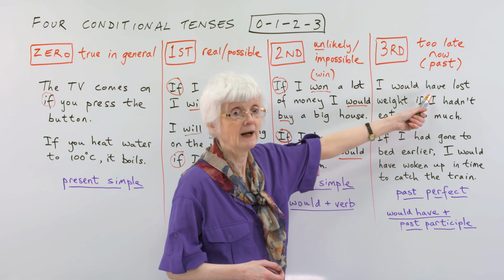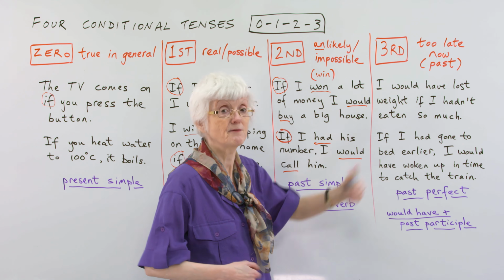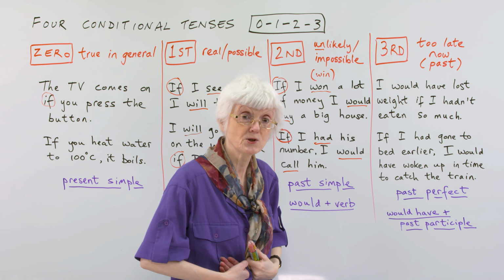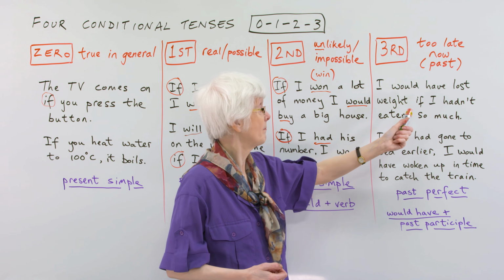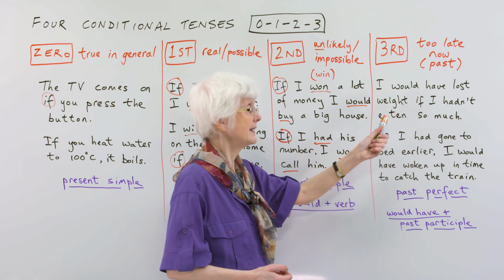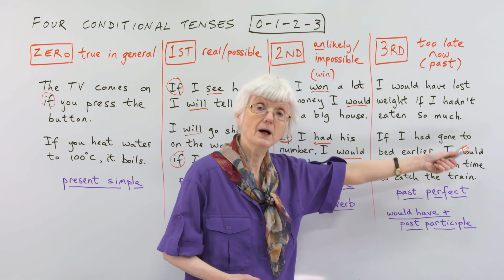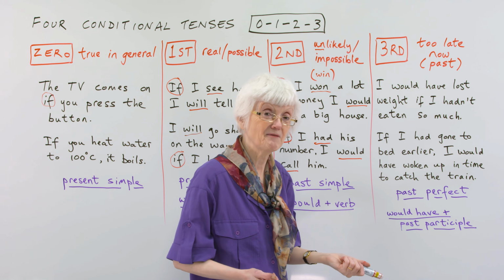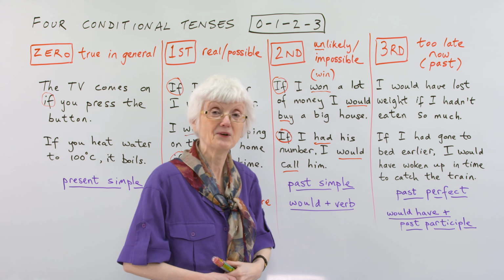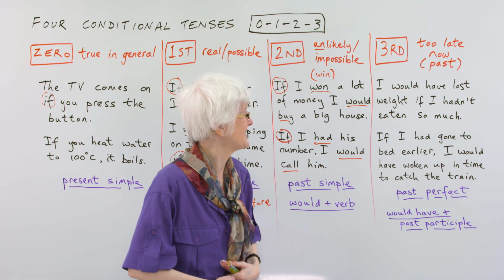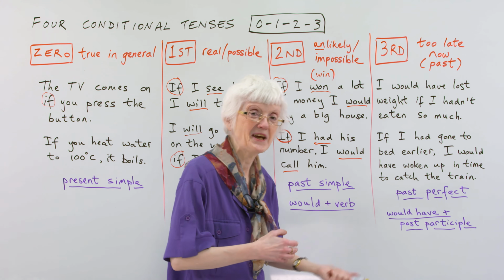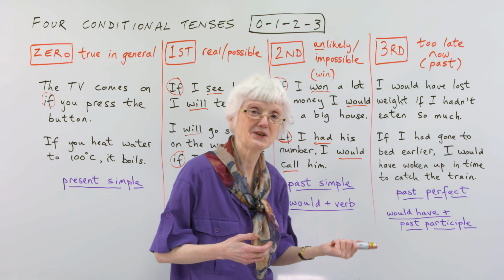I would have lost weight. If you're on a diet, you're trying to lose some weight. I would have lost weight if I hadn't eaten so much. It's fairly obvious. If you keep eating and you're on a diet, you're never going to lose any weight. So it's an obvious statement but it's the third conditional.